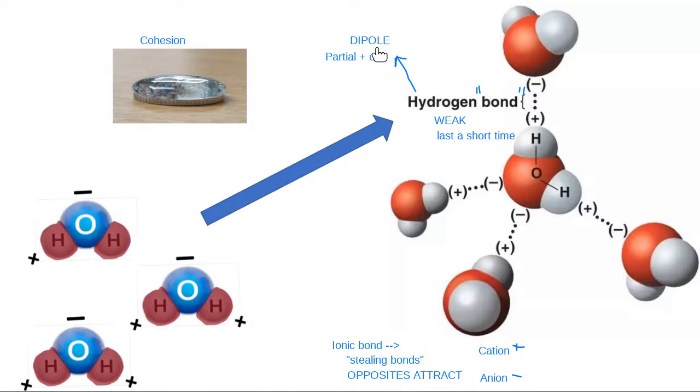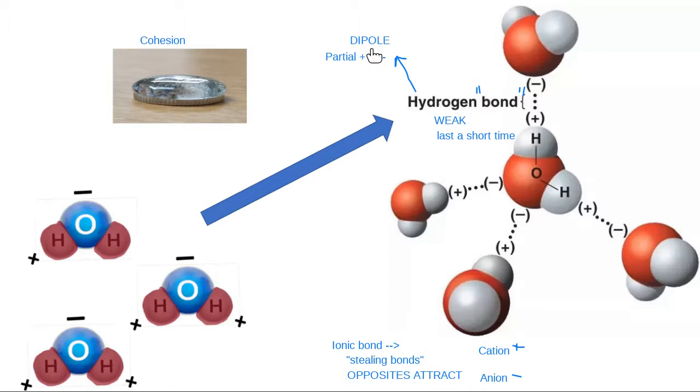Hey, let's make a connection. I have an atom or a molecule here with hydrogen and oxygen in it. And hydrogen and oxygen, when they form bonds with each other, they make dipoles. If I make dipoles, I am not sharing my electrons equally. That's how I got a dipole.